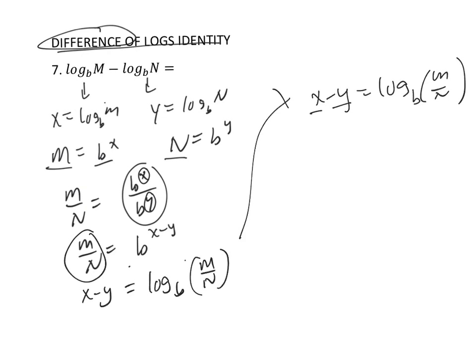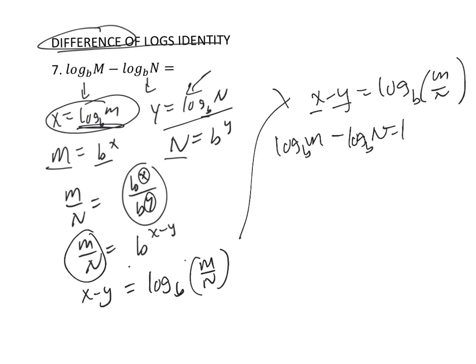Going back to what we called x and y, x is log base b of m minus y is log base b of n equals log base b of m over n. So what the statement is saying is that if you subtract log expressions with the same bases, to simplify this, all you have to do is take the ratio, or the quotient, and divide the arguments, m over n.